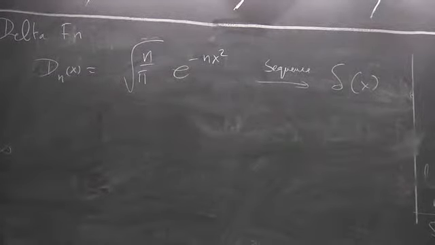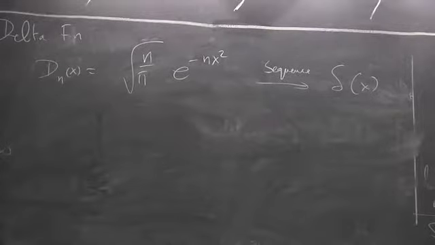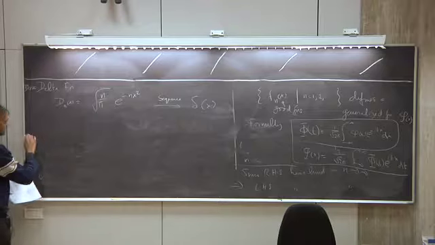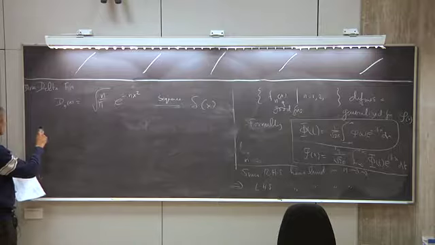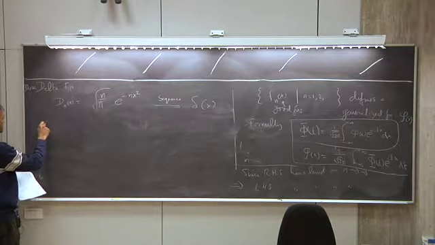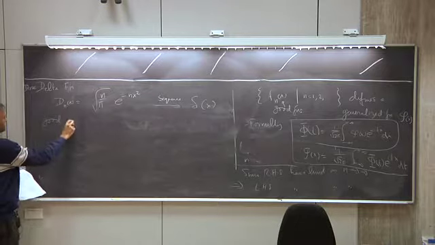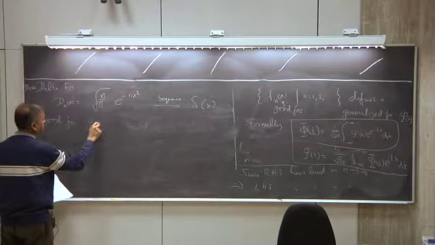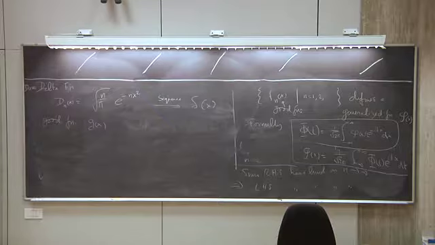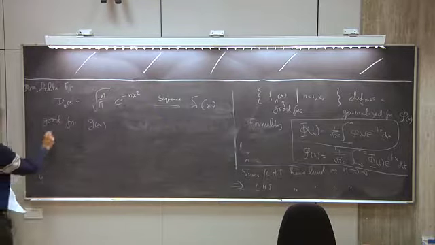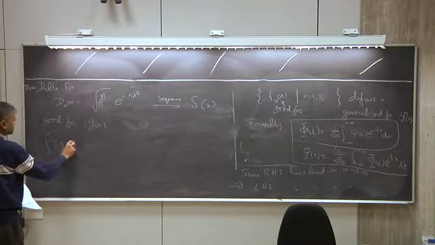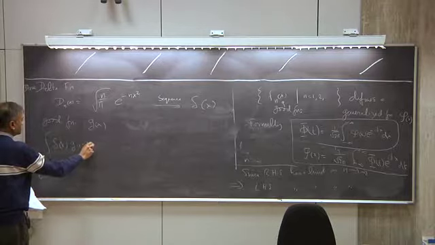Okay, so there are several properties you can see immediately. Let us take any good function g(x), and let us ask the question, what is the integral of delta(x) g(x) dx?